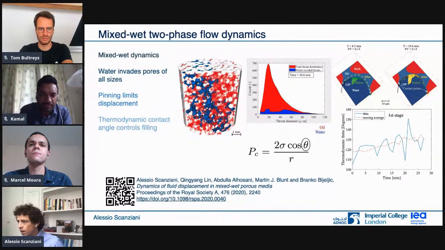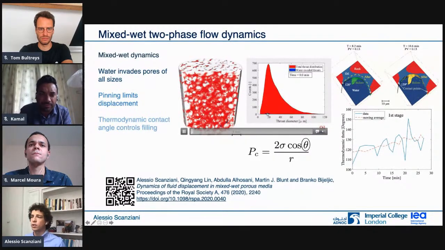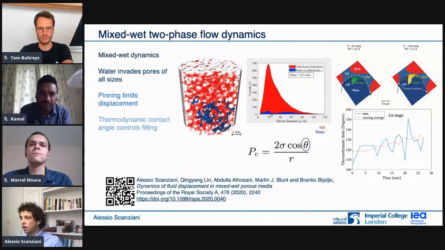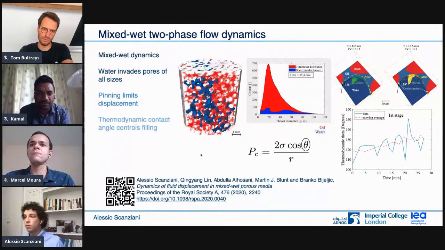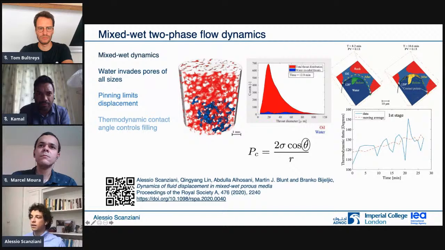Also, the order in which the water invades the pores is not in decreasing order of pore size, as would be expected from a non-wetting phase invading a medium, but the order in which the pores are invaded is not really fixed. So this means that the pore radius is not the only parameter controlling the invasion, but there should be another parameter. And we identified this other parameter to be the contact angle.